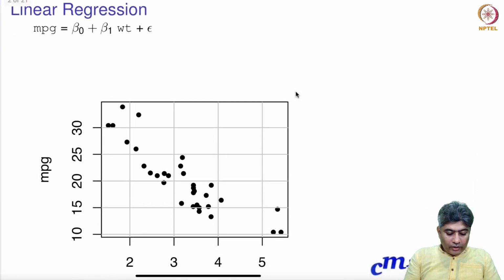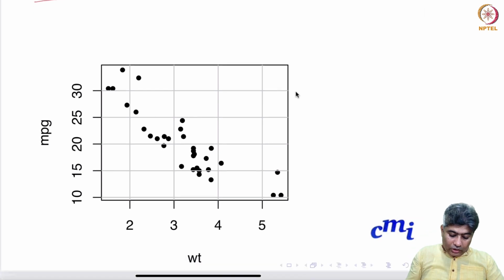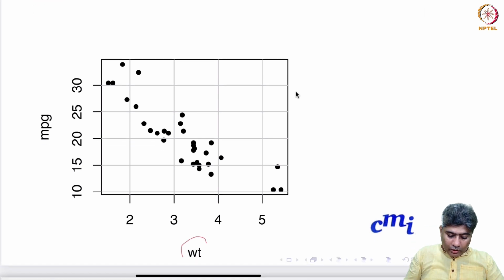We will start with basic simple models with the mtcars dataset. In this dataset, our target variable is miles per gallon, and we are trying to fit weight on the x-axis and miles per gallon on the y-axis.